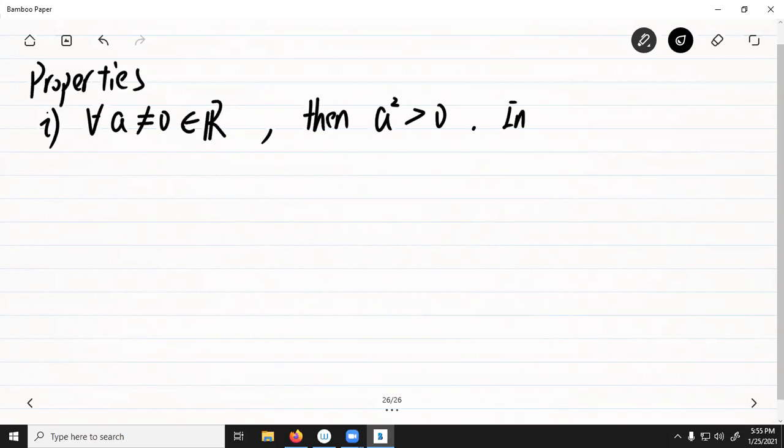In particular, 1 is greater than 0. The multiplicative identity is greater than the additive identity, right?